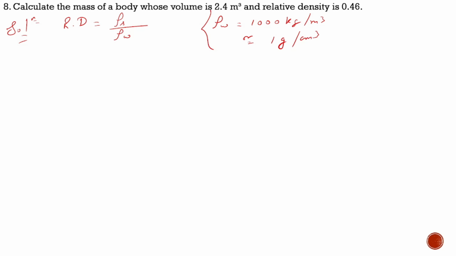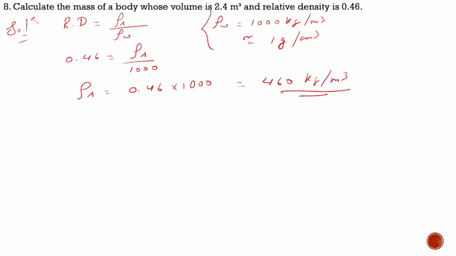So 0.46 equals density of substance by density of water, that is 1000. So density of substance will be 0.46 multiplied by 1000, it is 460 kg per meter cube. Since it is density we have to put the unit of density, 460 kg per meter cube.